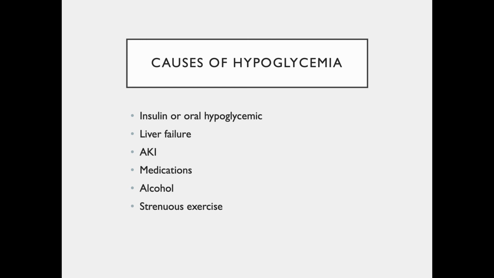So metformin simply decreases the absorption of sugar in the gut, decreases the liver production of glucose, and sensitizes the cells to insulin.